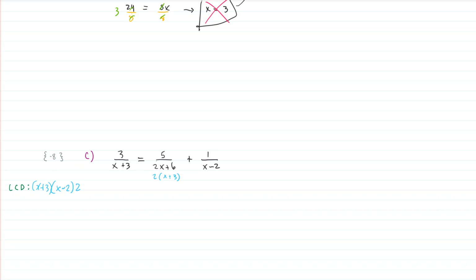So let's do it. Let's write down our original. So we have 3 over x plus 3 and we have 5 over 2x plus 6. I'm going to actually skip a step here, since you know what we're going to do.